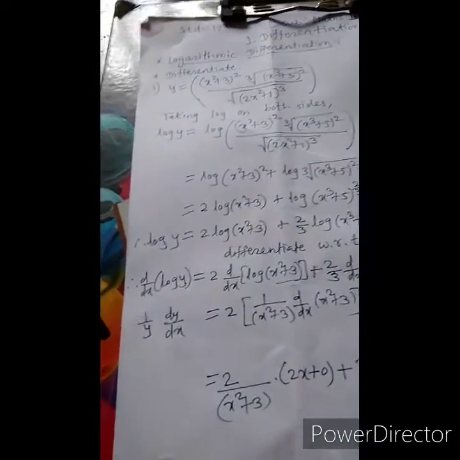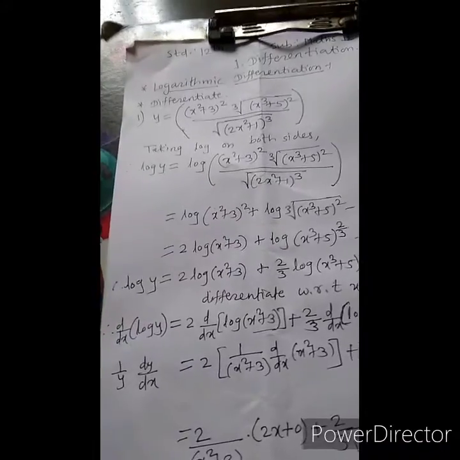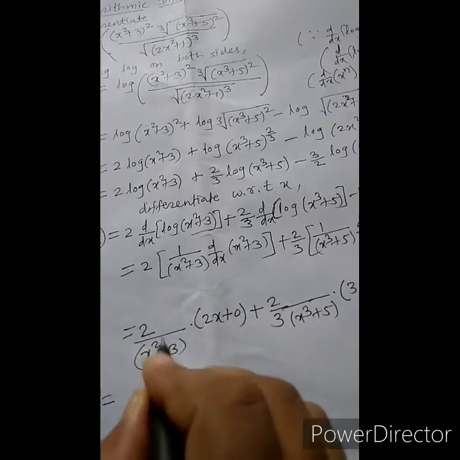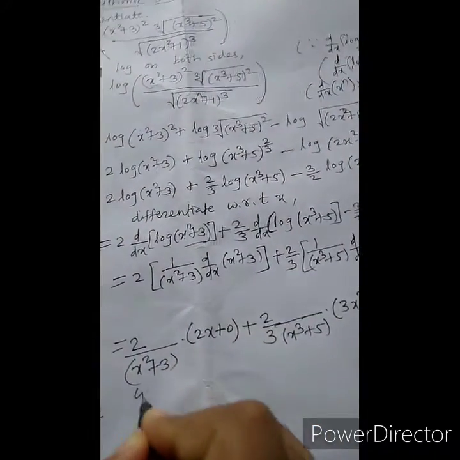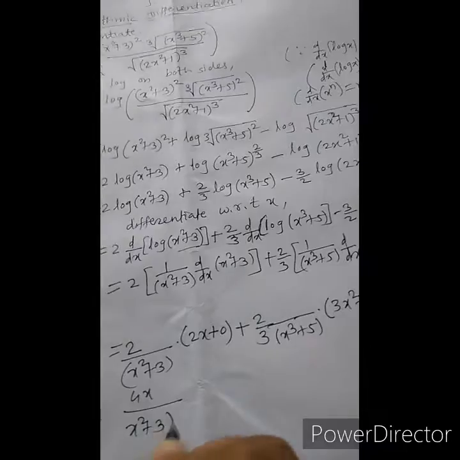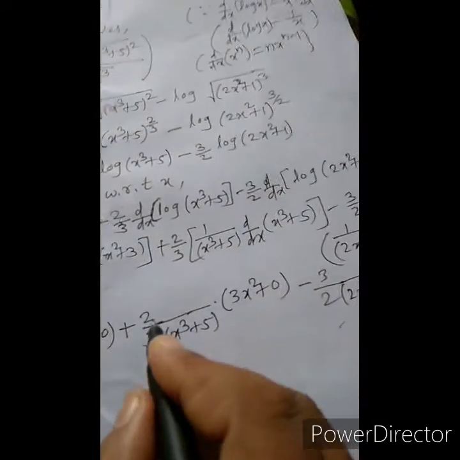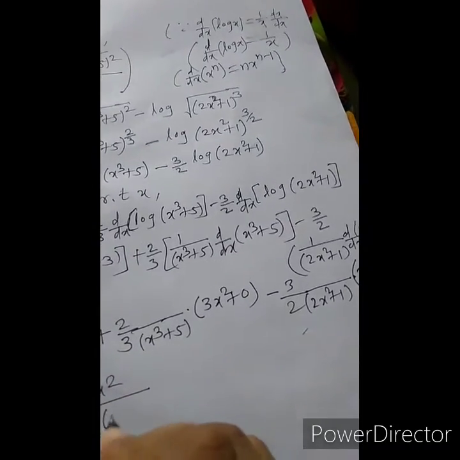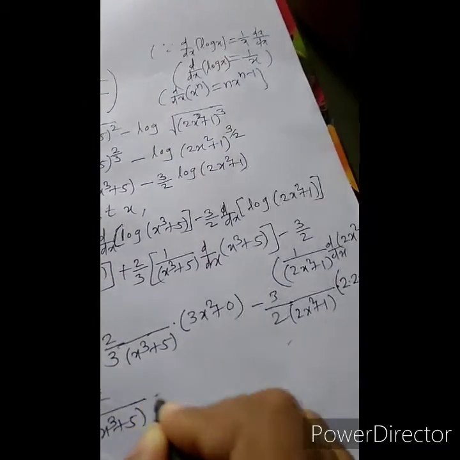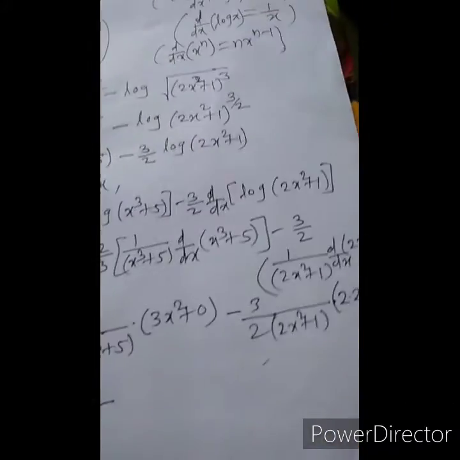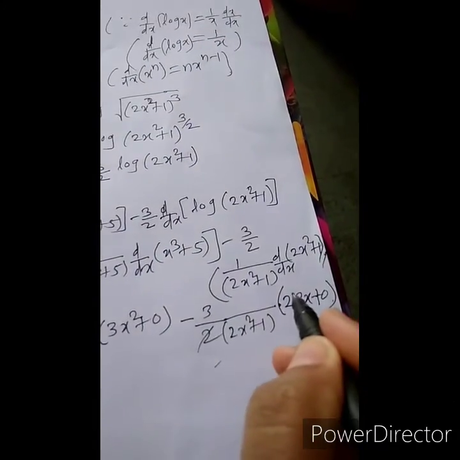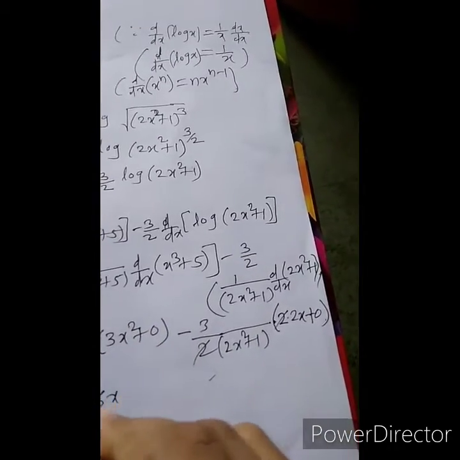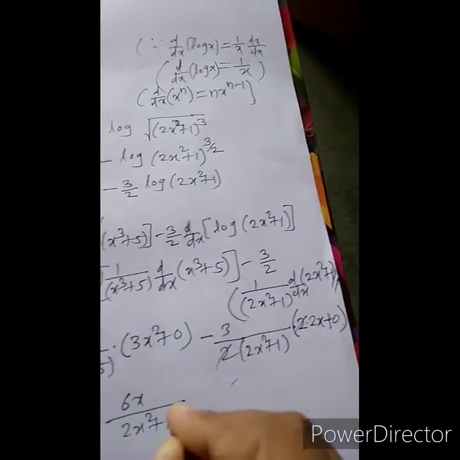So here we got 1 upon y dy by dx is equal to 2 into 2, that is 4x, upon x square plus 3, plus 2 into 3, that is 6x square, upon 3 x cube plus 5, minus here 2 upon 2 gets cancelled, and 3 2s are 6x, upon 2x square plus 1.